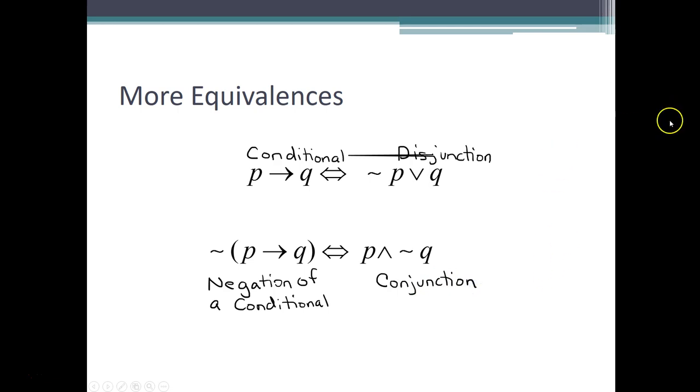So let's set up truth tables to show this. Alright, so we know that there's a conditional statement, if P then Q. We now know that there's a logical equivalence to that.